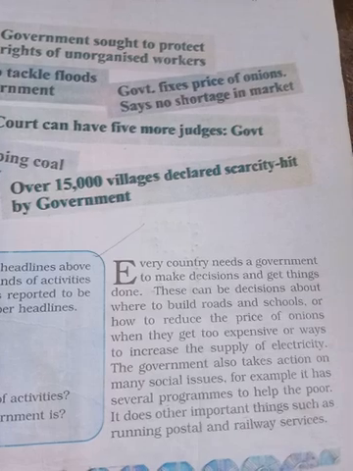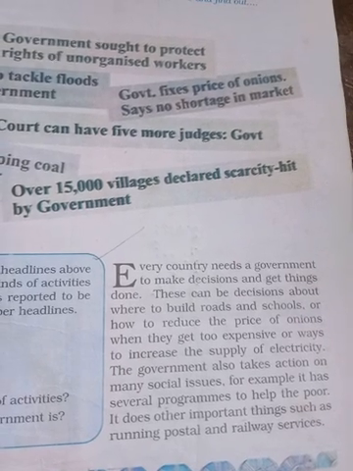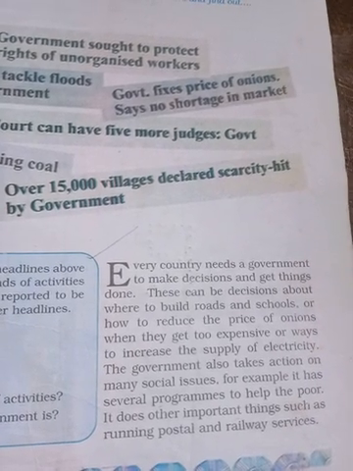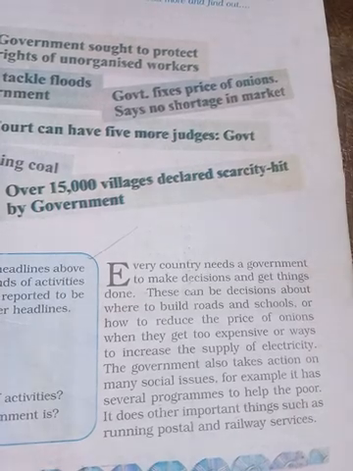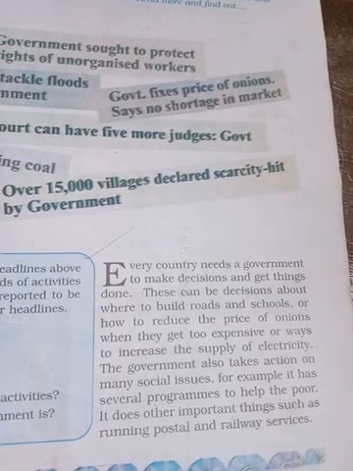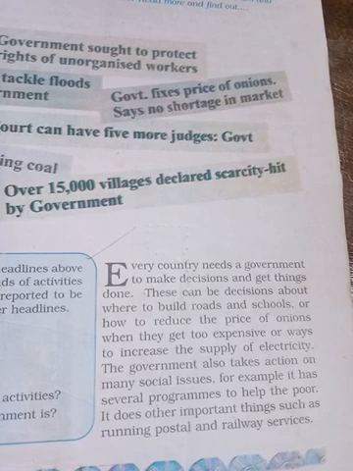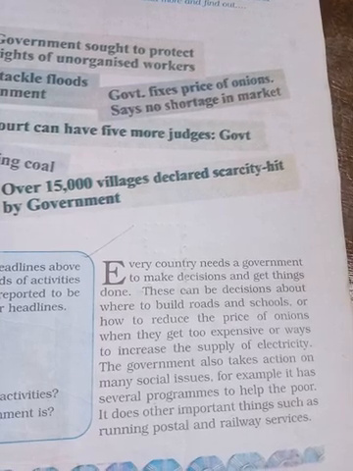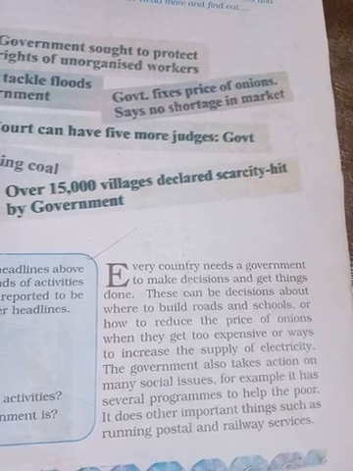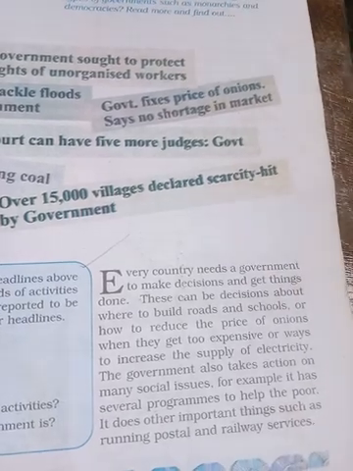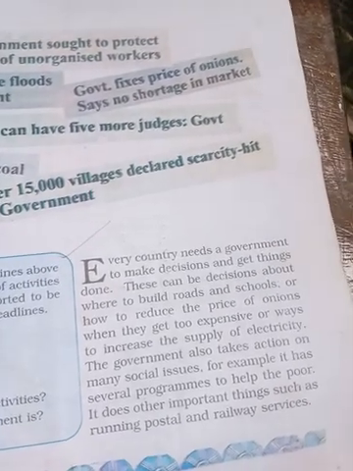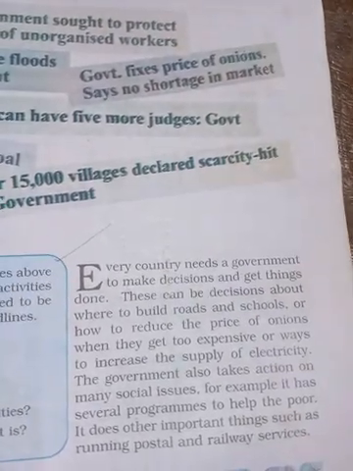Like that, the government takes many steps. It also includes running the postal and the railway service. It includes all the things. That means their work is to look after everything.